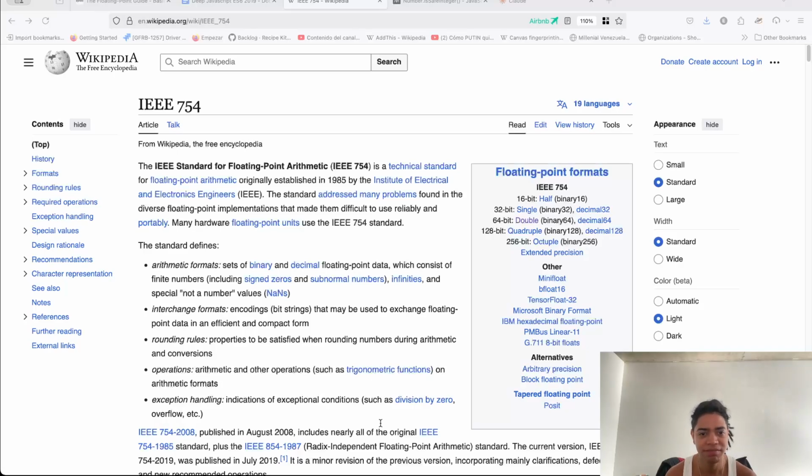Exactly. And when you understand this, it makes a lot of sense: ToPrimitive, which converts objects to primitives, ToNumber, ToString, and ToBoolean.